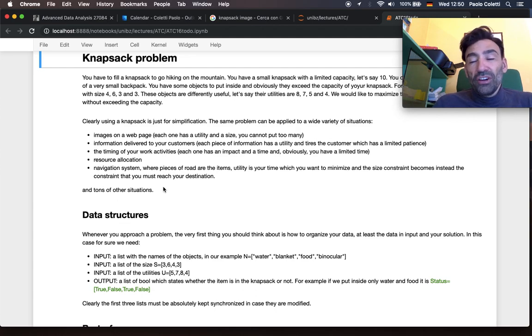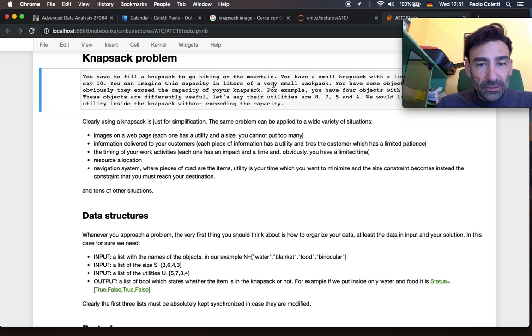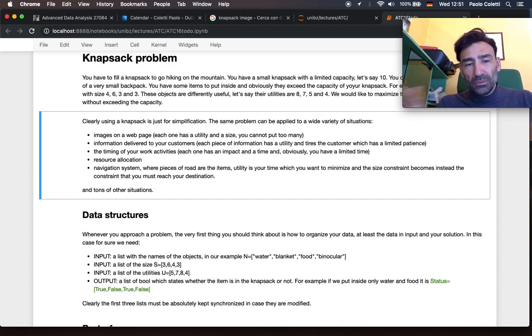There are tons of other situations. Let's start immediately. So first of all, if you have not yet focused on the problem, you have a maximum capacity. Each item, let's call them items and not objects, because object causes confusion with the computer object.